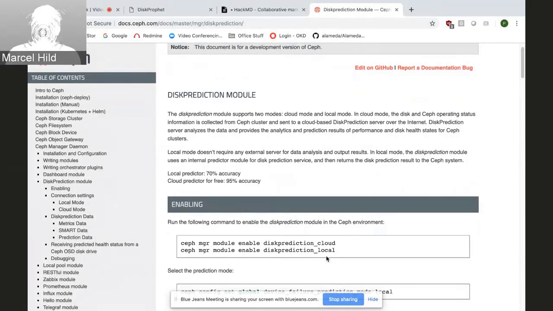Yeah, because in order to be with Ceph, they wanted a lightweight version of our predictor, and so we just gave them one with less baggage that would be only 70% accurate, that they could enable locally, but it wouldn't use all the metrics that were provided for the prediction. It was requested by them to have a local lightweight package. Okay. Yeah.